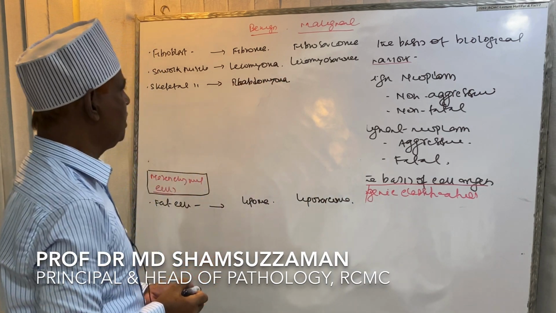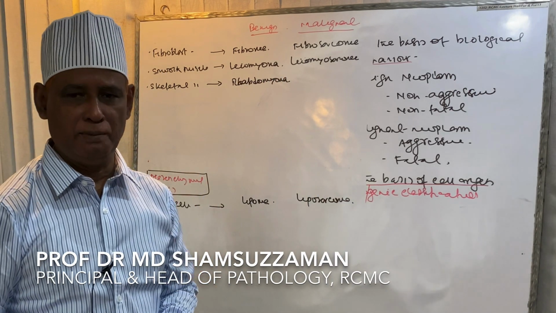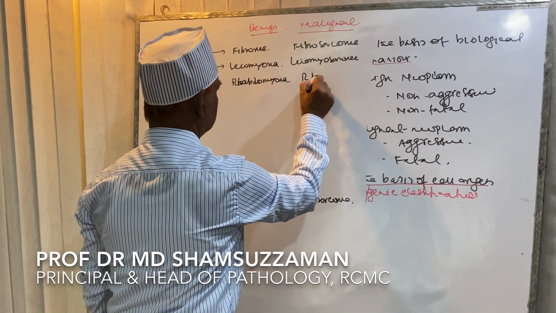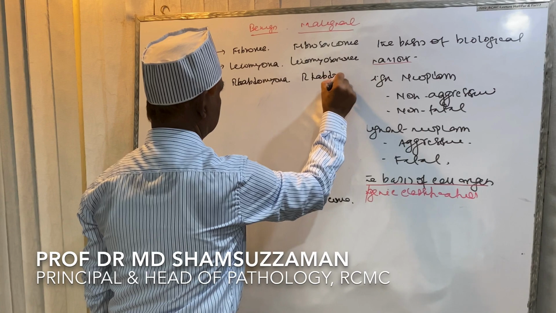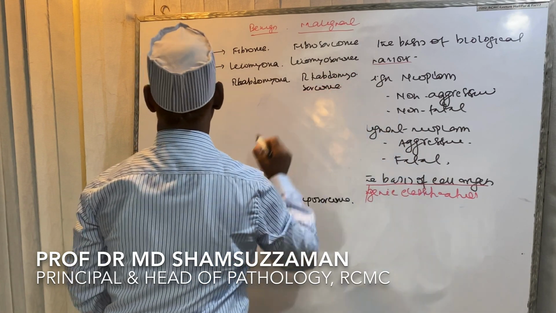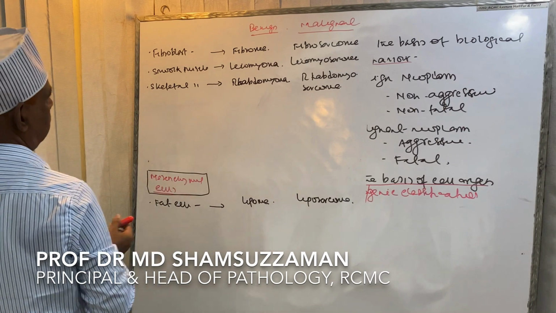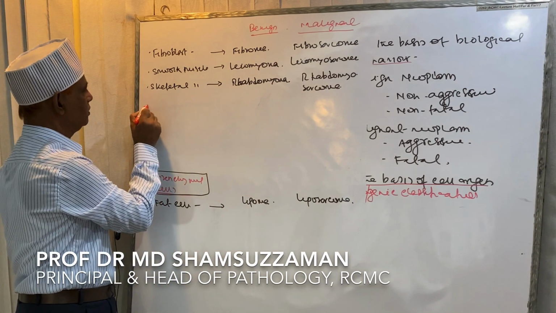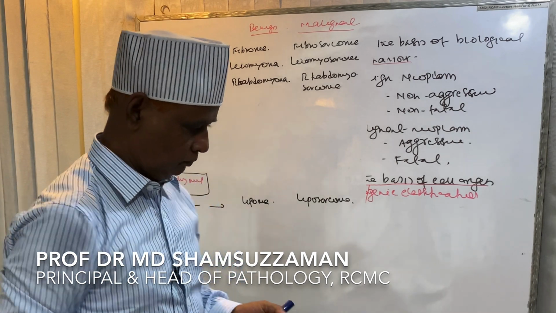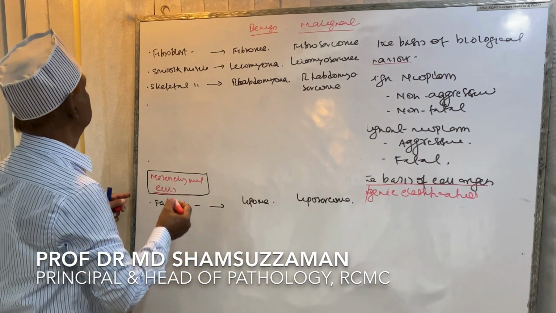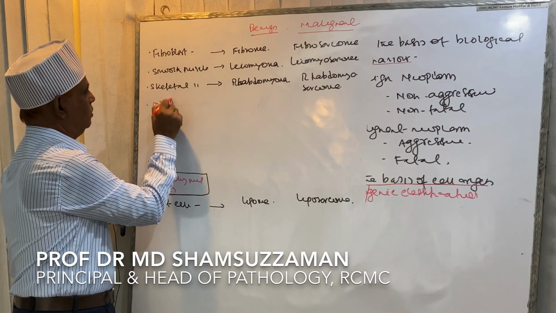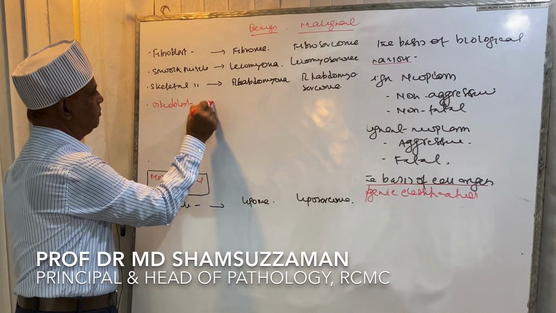And malignant tumor of skeletal muscle is called rhabdomyosarcoma. Osteoblast.